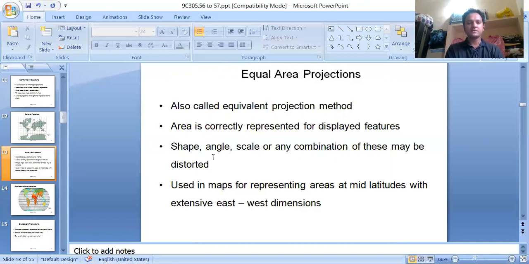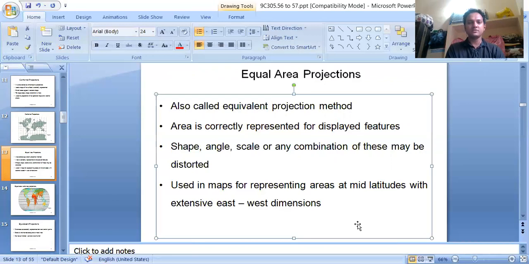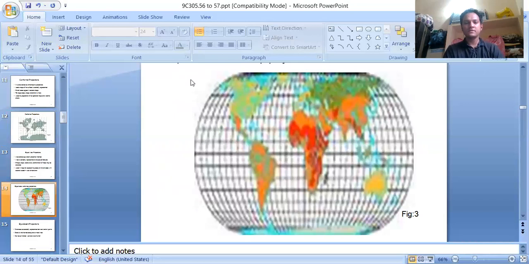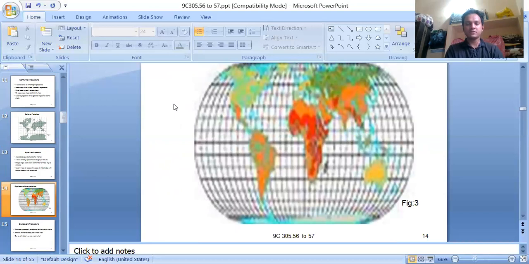But shapes, angles, scale, or any combination of these may be distorted. This is used in maps for representing areas at mid latitudes with extensive east-west dimensions. So this is a special case where equal area projection method is used. Here we can see the example for equal area projection method. Here the area may be the same, but the shape and size may be a little bit distorted.